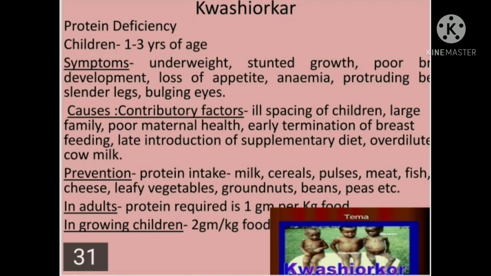The growth of the child will get stopped at one particular time. Why does it happen? As the child has a deficiency of protein. As you all know very well, protein is called the building block of our body.